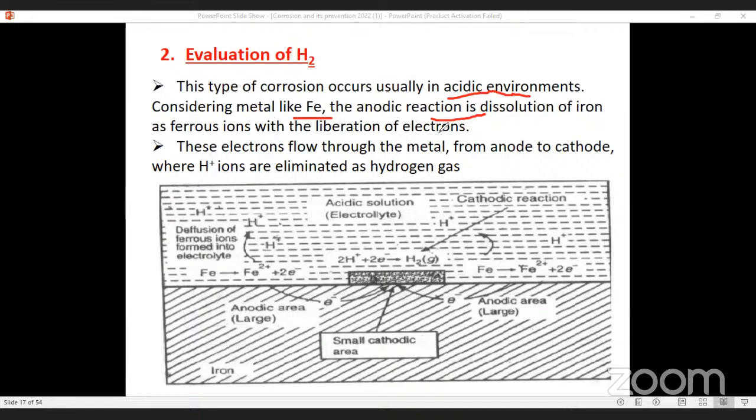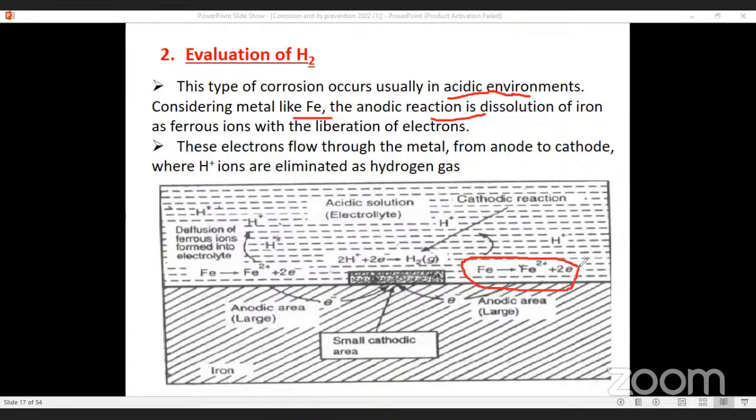What does the first reaction need? Acidic conditions are required for corrosion of the metal. Whenever acidic conditions are there, the metal is converted into the metal ion by releasing two electrons.